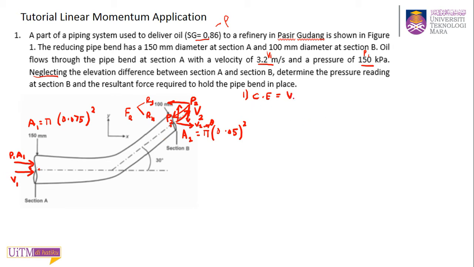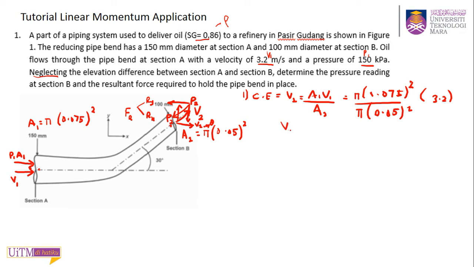To find V2, because they give you the V1, this is very easy: A1 V1 divided by A2. A1 is pi times 0.075 squared over pi, A2 is 0.05 squared, times V1, which is 3.2. So you get your V2.